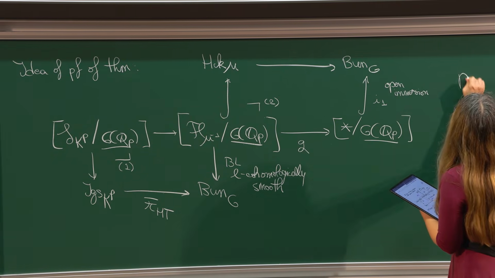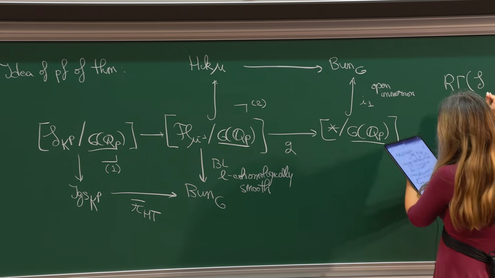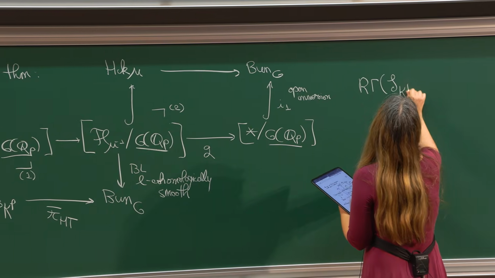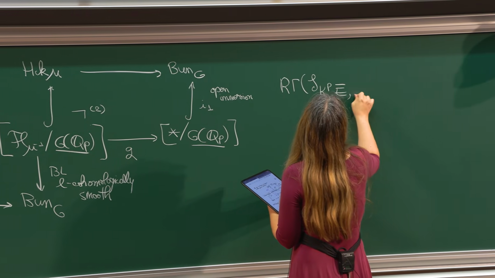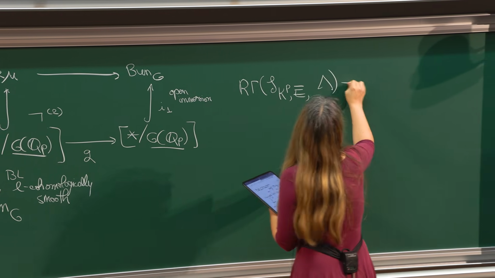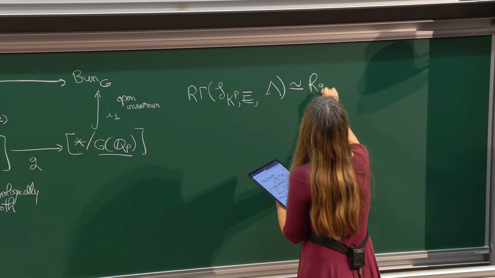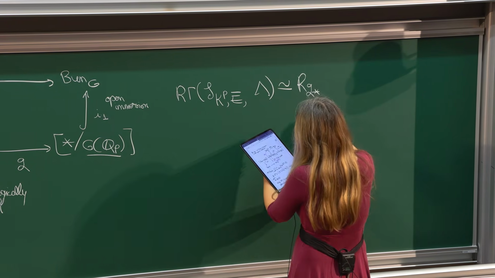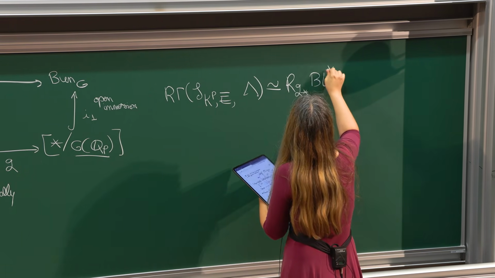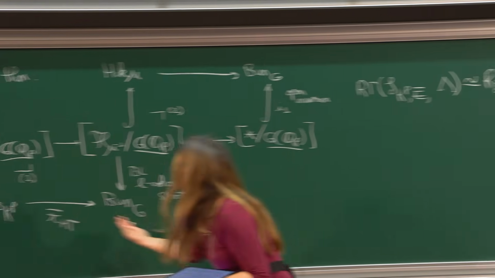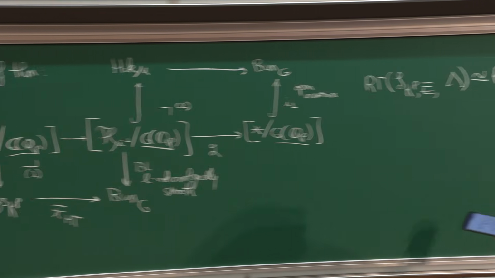Right. So this is the same as RQ star BL upper star, and then you end up taking the relative cohomology of the Igusa stack.